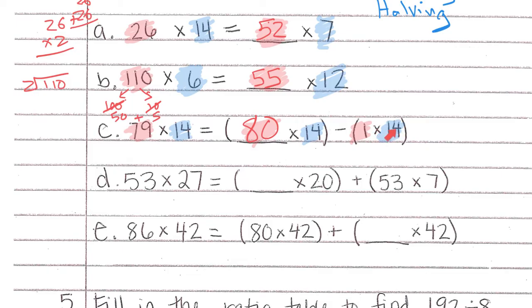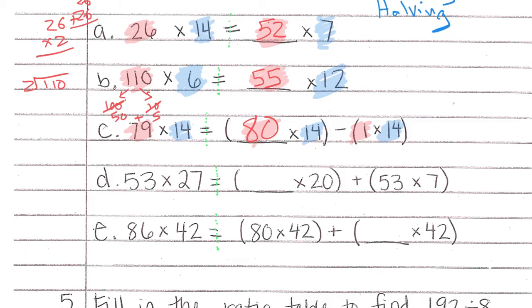We're gonna count 14 one less time. You would have 79. Okay, now they match because 80 of them minus one of them is the 79 that's on this half of the equation. I do kind of want you to look at that. That equal sign is kind of a me versus them. That's your dividing line that you're looking at, trying to make sure that your equation is balanced on both sides.